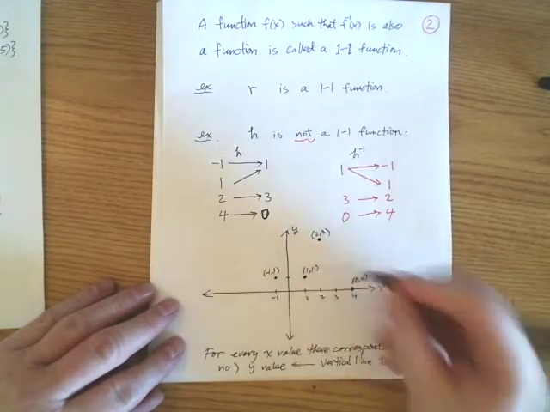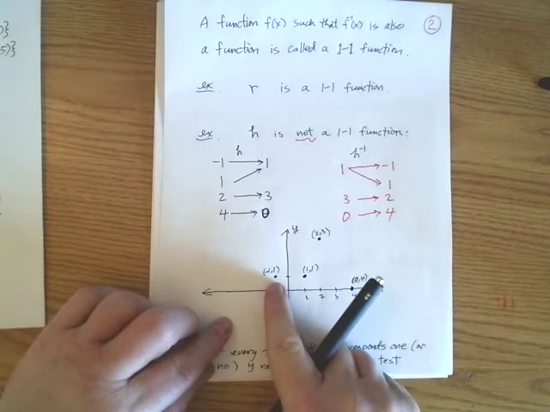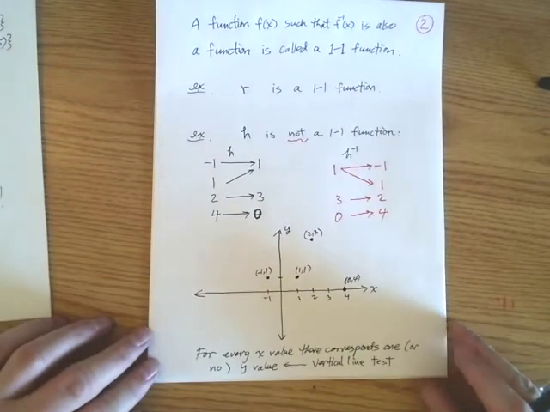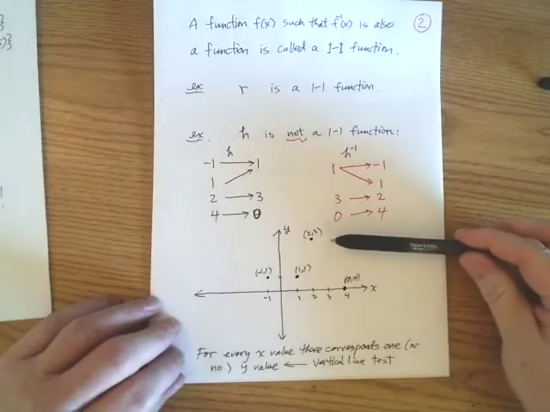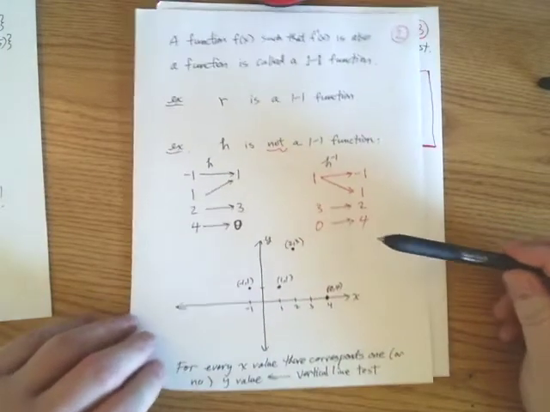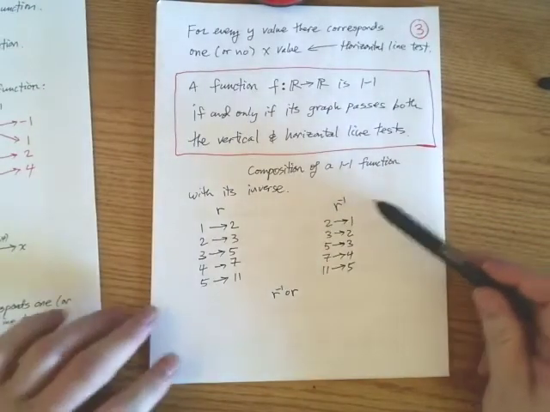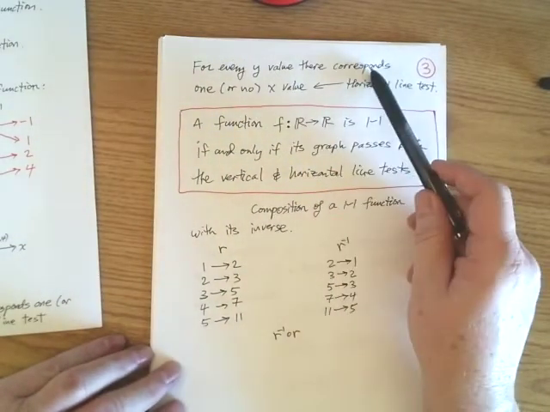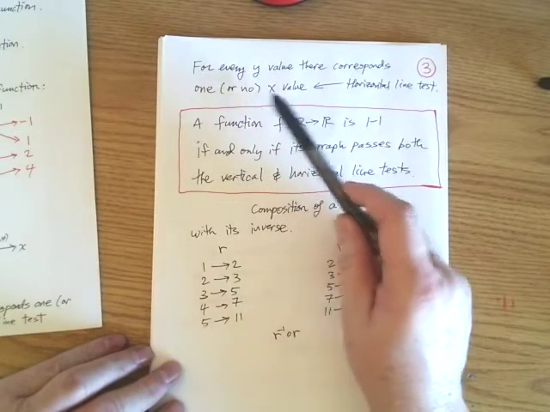Now remember, my entire relation is just points in the plane, right? How do you know it's a one-to-one function or not? Well, what would be the corresponding test? For every y value there corresponds one or no x values, right?